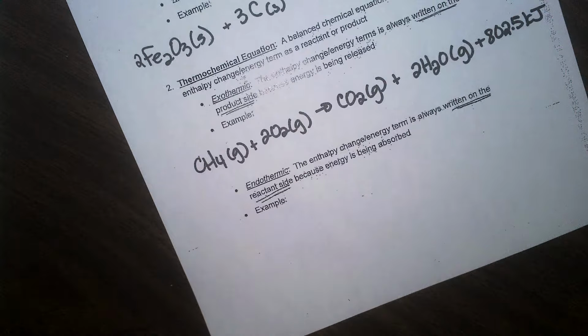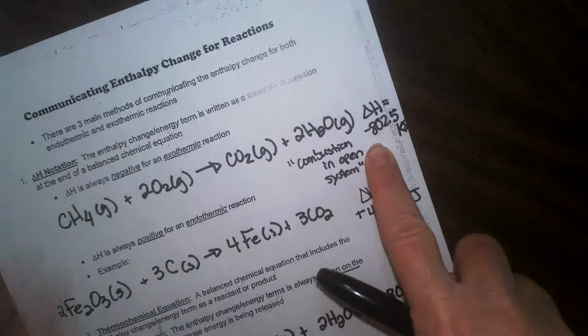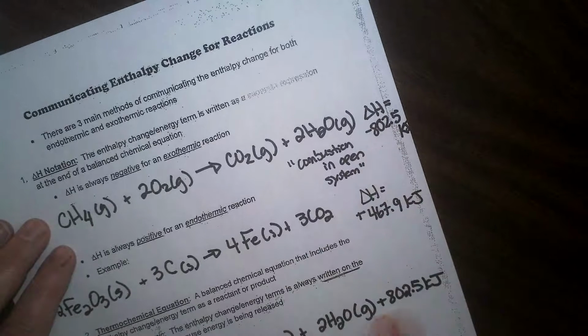Endothermic reactions, then what we do is we take that energy and we put it on the reactant side, we have to add it in. So notice here, it's a negative 802.5. Whoops, 802.5. But here we're adding it. It's part of the products. It's being released. So it's positive 802.5. Okay?